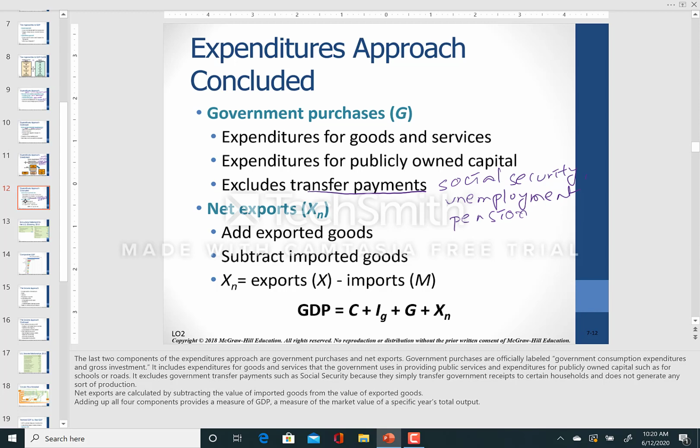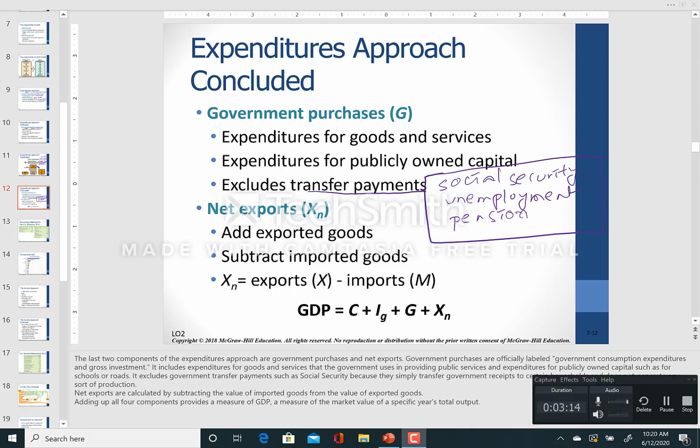That means these are transfer payments and nothing productive is being produced from this. Next, we have net exports. We are subtracting imports from exports. We add up all of this and we get the GDP from the expenditure approach.